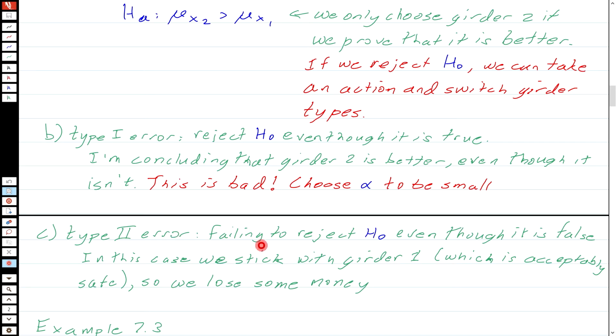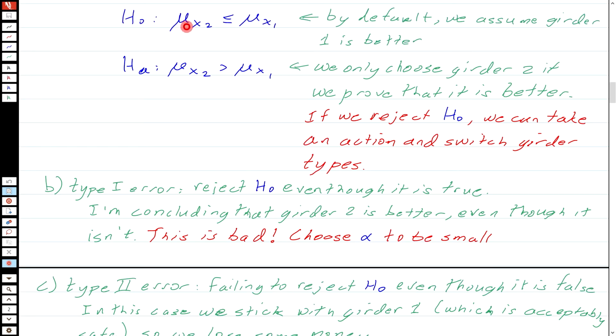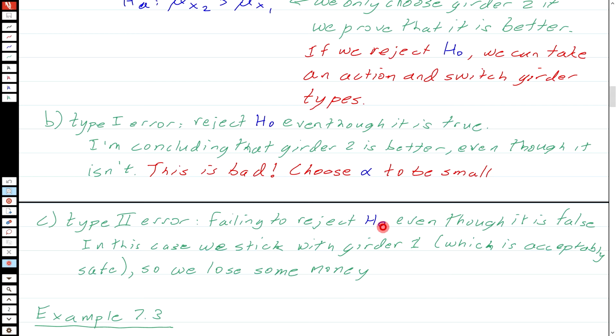A type 2 error is failing to reject H naught even though it is false. In this particular case, I failed to reject H naught, so it's false. That means that mu x2 is bigger than mu x1, okay? So basically it means that I'm going to stick with girder 1 even though girder 2 is better.